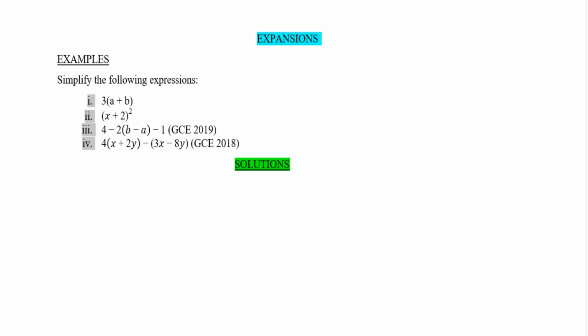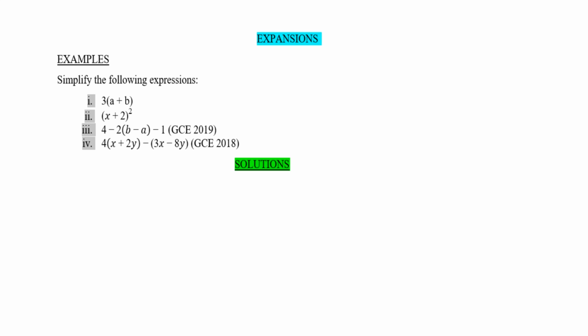So if we look at the first example, example 1, they are saying 3 in brackets a plus b. The other one is x plus 2 in brackets squared. And this question was from GCE 2019, which is 4 minus 2 in brackets b minus a close bracket minus 1, GCE 2019 paper 1.